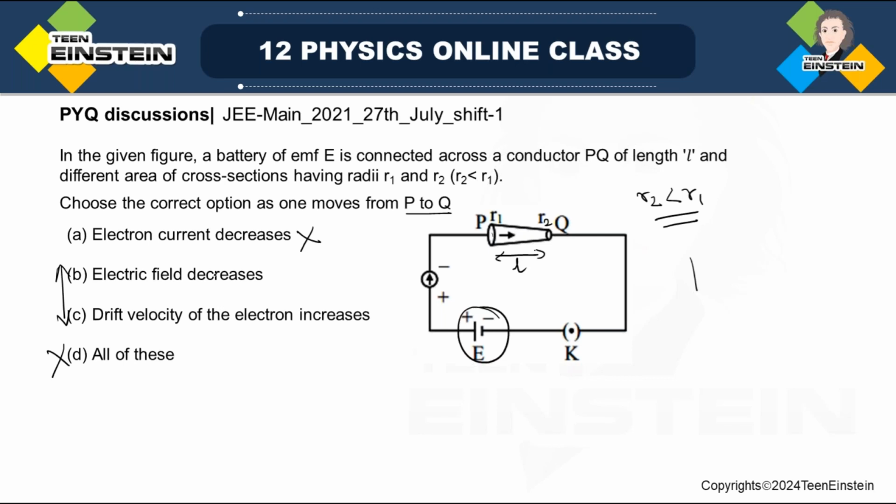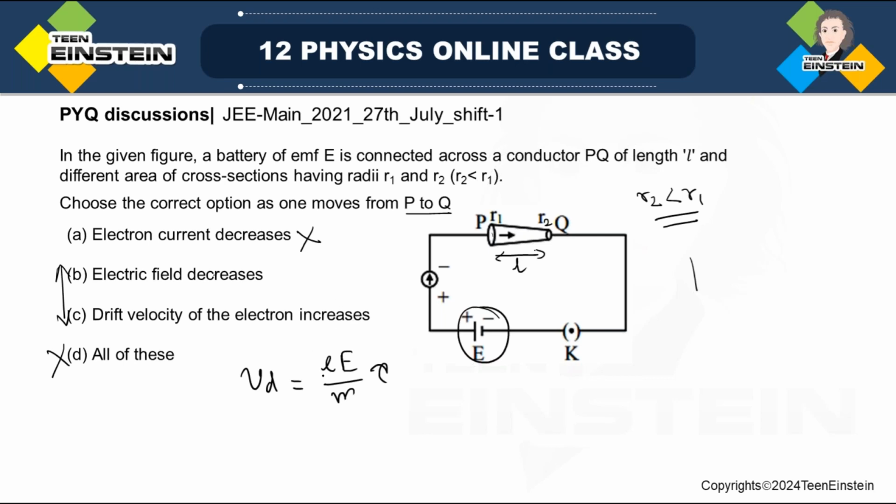In fact, these two are interrelated. We know that drift velocity is given by e E by m into tau, where tau is the relaxation time, e is the magnitude of the charge of the electron, and E is the electric field across the conductor. So if electric field decreases, then drift velocity will not increase.